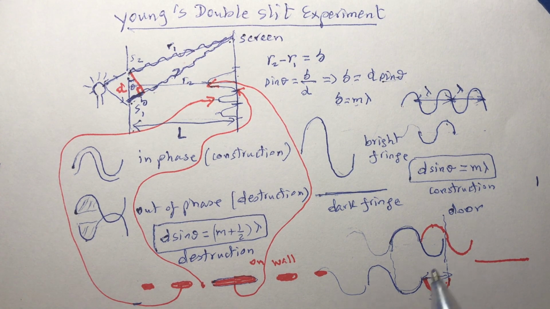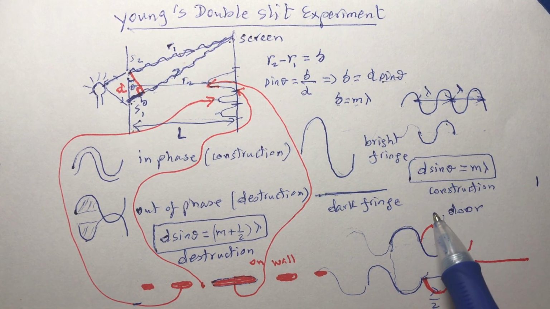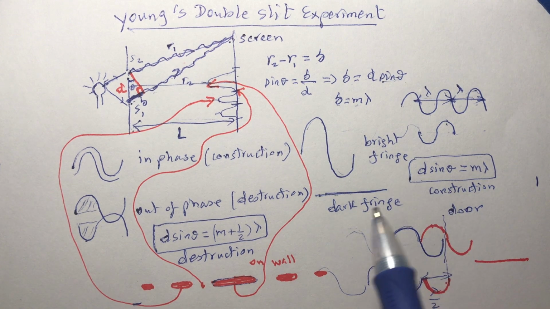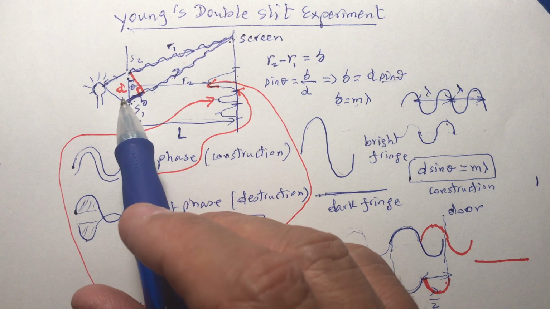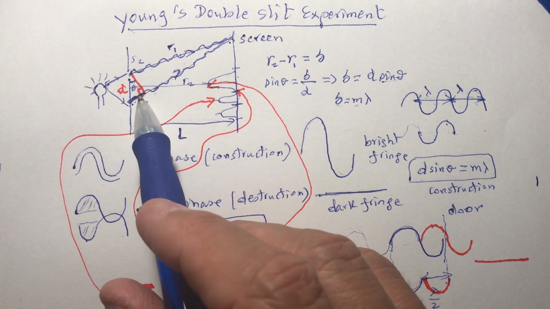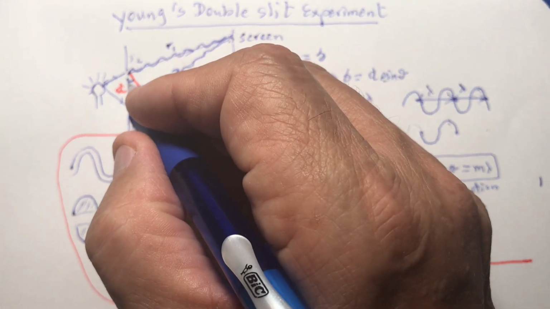Now, if we go to here where we have construction, that's sine theta. You see this sine theta is actually small because this delta is really tiny. So we can make an approximation.